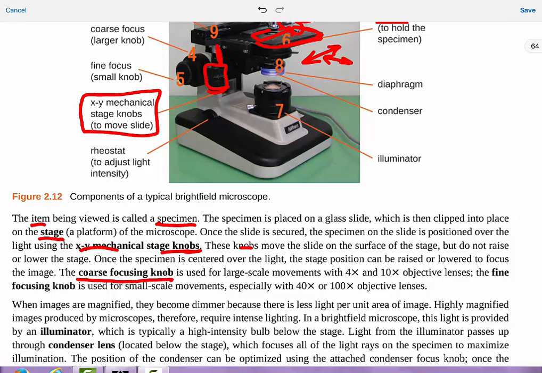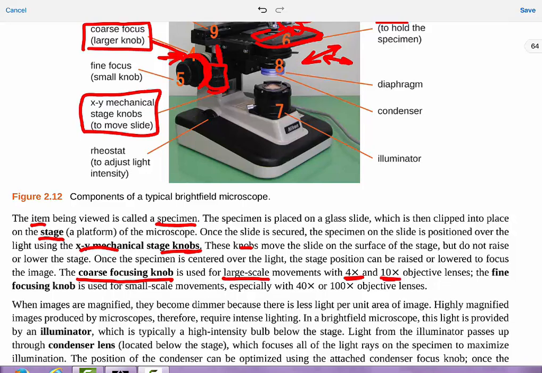The coarse focusing knob, or the coarse adjustment knob, you can see right here, is the larger knob. You can see as number 4, the outside knob, this big one here, is our coarse adjustment knob, or coarse focusing knob, used for large scale movements. So that's only with the 4x and 10x objective lenses.